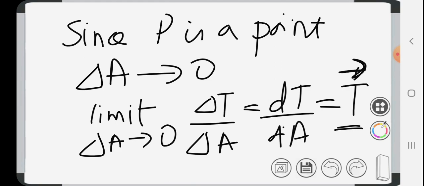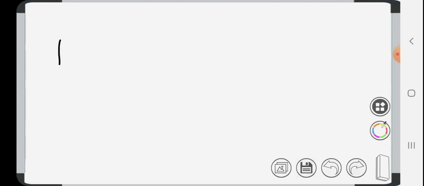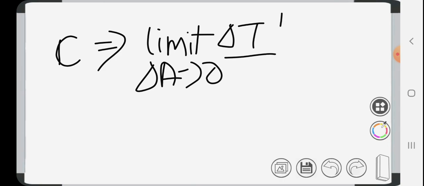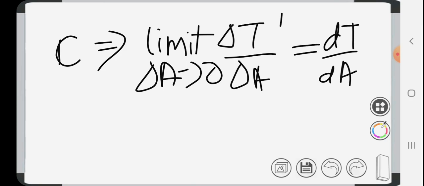This was the case of section D. Similarly for section C, the limit as delta A tends to 0 of delta T dash by delta A equals d by dA of T dash, equal to T vector dash.